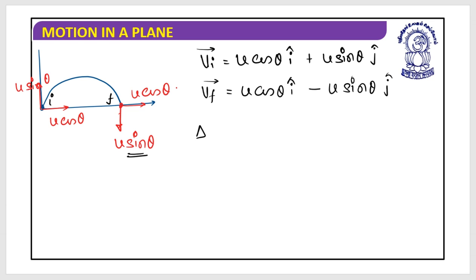Now what I want is the change in momentum. It is equal to m multiplied by vf minus vi.